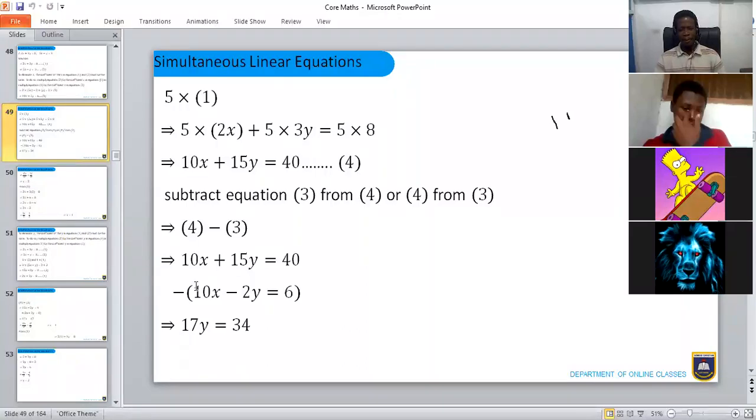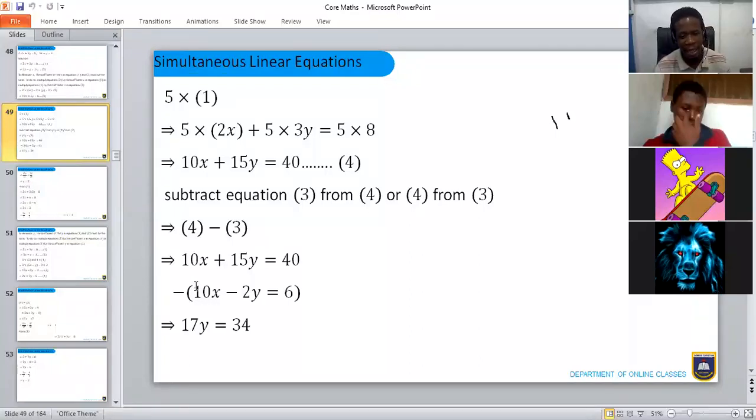So to eliminate the x, since the coefficients are the same, we check if the signs are also the same or not. And when we do that, you could see that the signs are the same, positive, positive, 10x, 10x in equation 3 and equation 4. So what we need to do is we subtract. That is if the signs are the same.